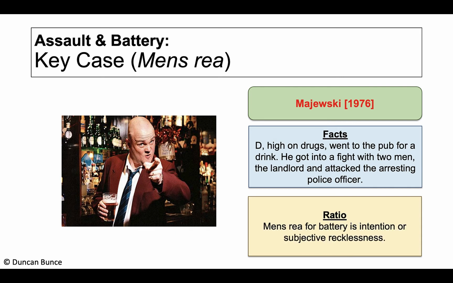The ratio, therefore, is just backing up what we've outlined so far about the mens rea of assault and battery. The offences can be committed intentionally or recklessly. Now, remember the word subjective from our previous topic of mens rea. It's a subjective test, so the defendant is going to be liable or guilty in terms of the mens rea, and if we're talking about recklessness, say, if they realised the risk themselves but went ahead anyway.